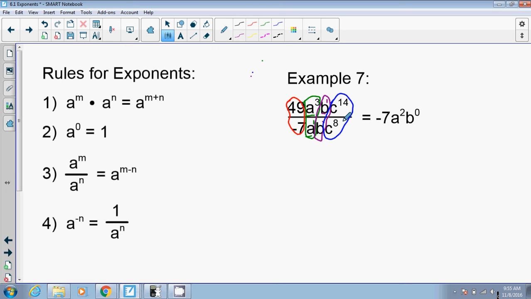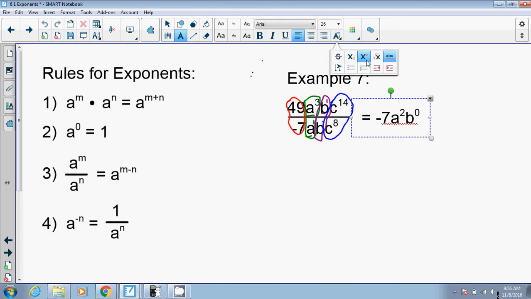So 14 minus 8 becomes 6, and it keeps that base of c. So c to the 6th. But please don't forget the other properties that we had already discussed. Any value raised to the 0 power is 1, and only b is raised to the 0 power. So that becomes a 1.